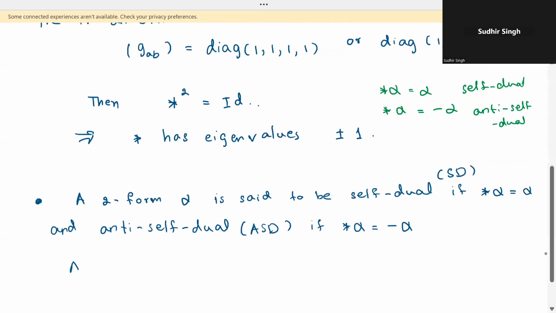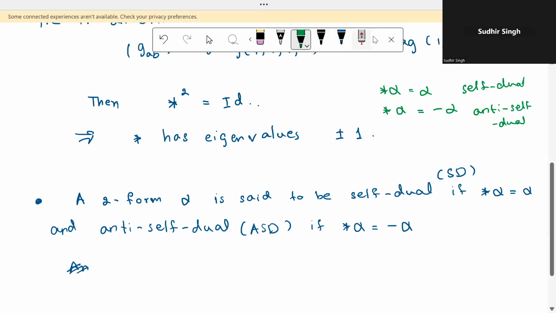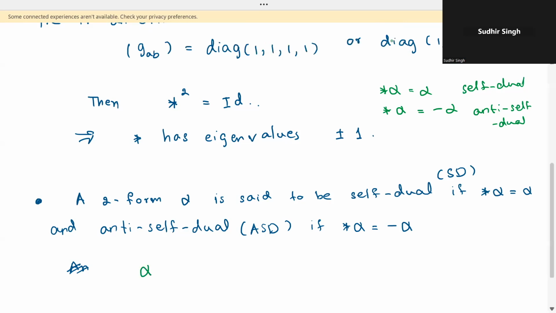In fact, we can see that any two form can be written as a sum of SD and ASD two forms like this. For any two form alpha, you can write it as a sum of an SD part, which is defined like this, and an anti-self-dual part.